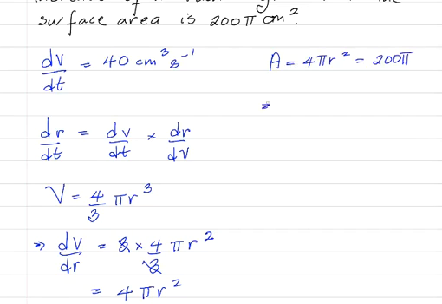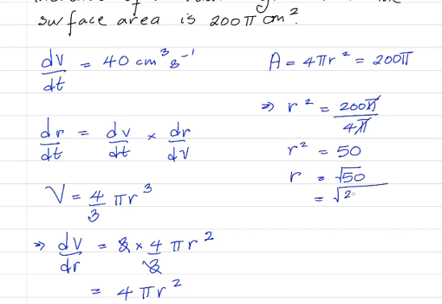So therefore, r squared would be equal to 200 pi divided by 4 pi. The pi's cancel. So r squared is equal to 50. So r would be the square root of 50, which would be the root of 25 times 2, which would be equal to 5 root 2. So r is 5 root 2.